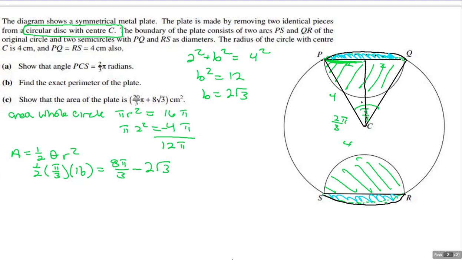So let's do this again. Let's go back up. What's the area of the whole circle? 16 pi. And then what's the area of the 2 half circles that we took away? 4 pi. All right. So now we have 12 pi after we take away the half circles, right? Mm-hmm. Now this right here is one of those aqua segments. I'm going to take away 2 of them.